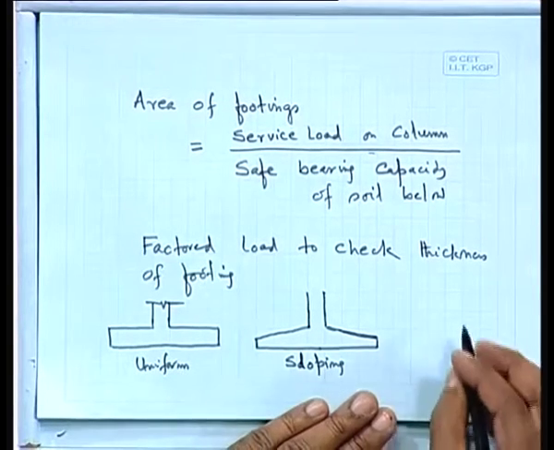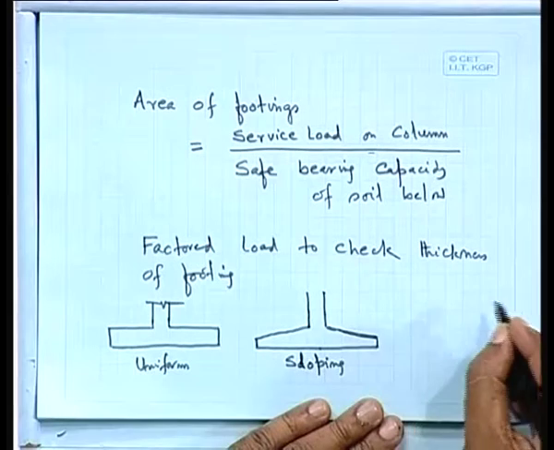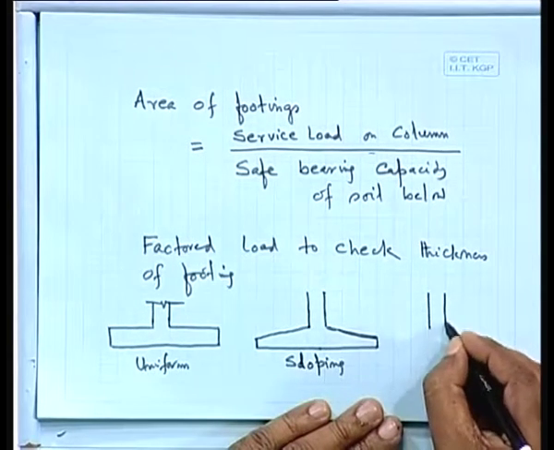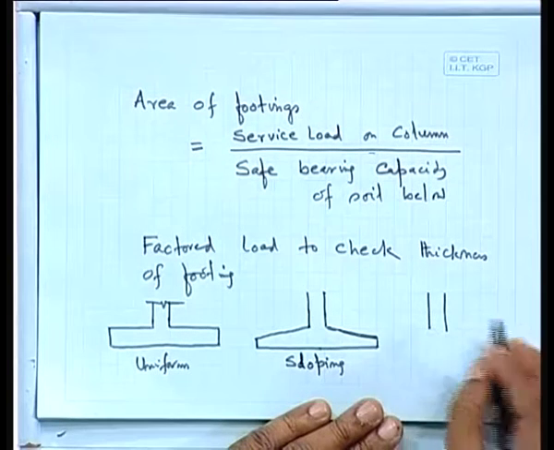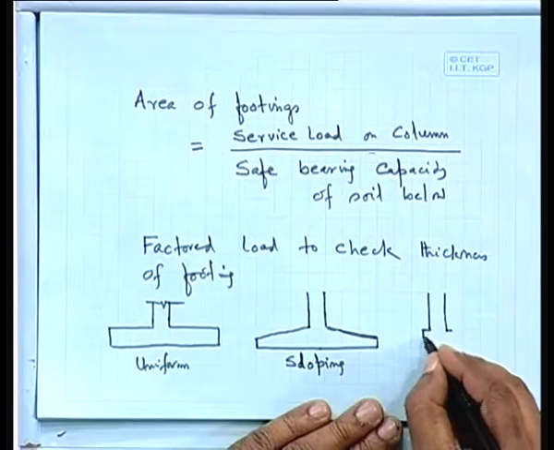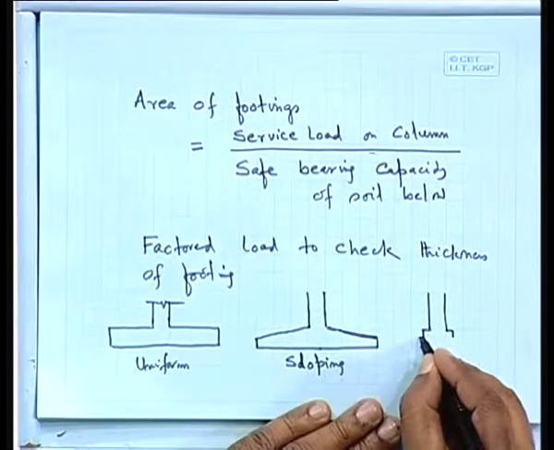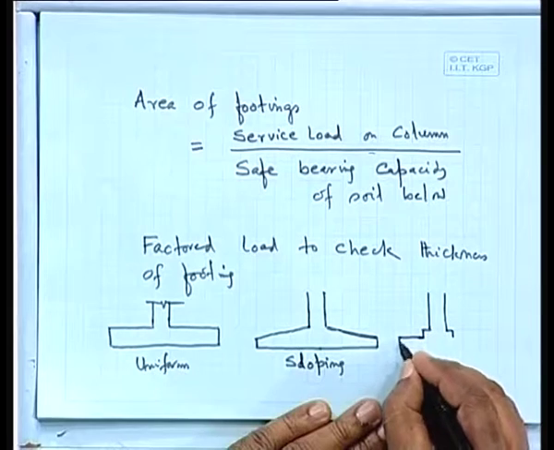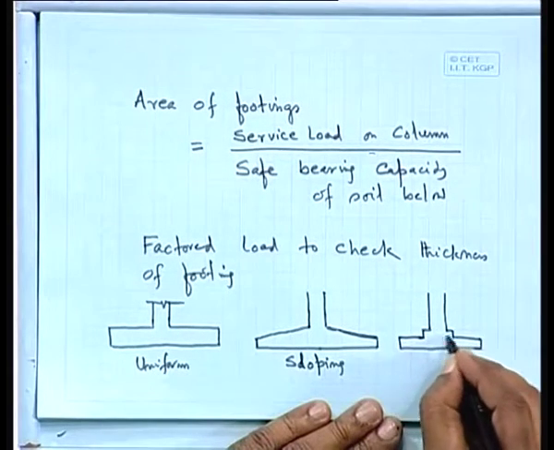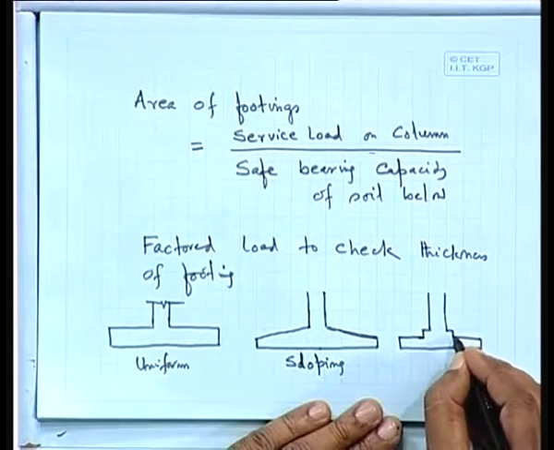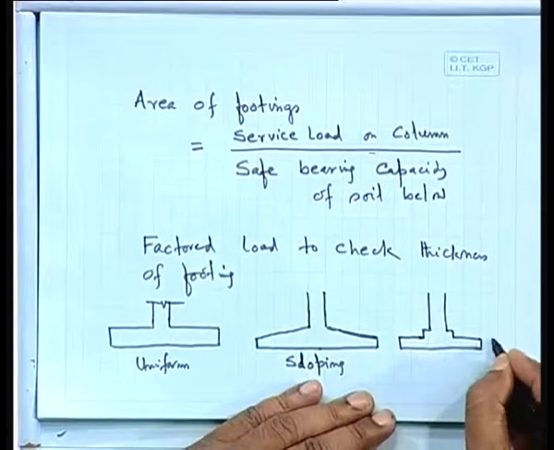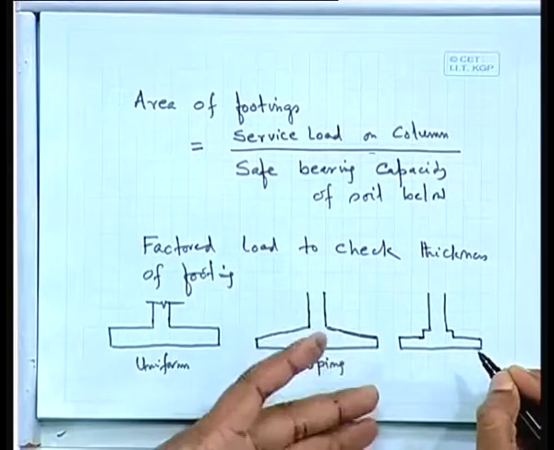The third one is also possible, we can make a certain kind of step. Like this we can provide. That means up to a certain distance we can provide a certain kind of pedestal or step, and after that we can give uniform or we can give slope also.